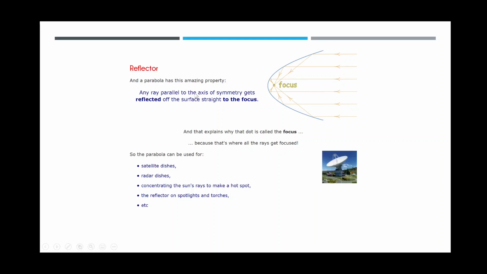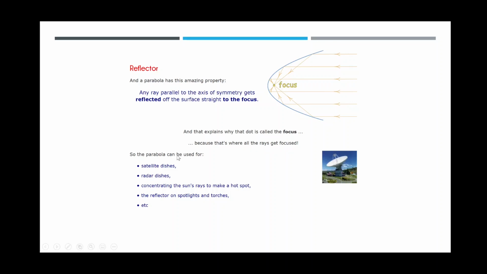Any ray parallel to the axis of symmetry, which goes through the vertex, as shown in the picture, is going to get reflected off of the parabolic surface straight towards the focus point. There's going to be one focus point for parabolas, and that explains why the dot is called the focus, because it is where all the rays get focused.